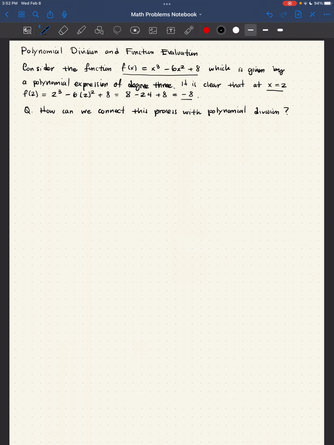Up to this point, really nothing new under the sun. But how can we connect this process with polynomial division itself? Well, let's start with the division algorithm. We have the following.